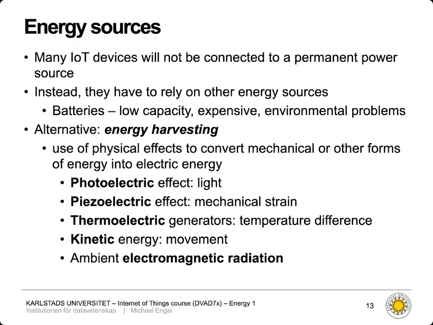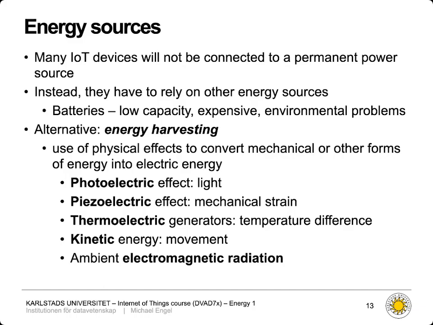There's quite a number of physical effects that can be used, and you've probably seen a number of them. So photoelectric effects, so light. Of course, that's what plants also do, and we can also do it in photocells. So we can convert photons coming onto a surface to a flow of electrons, which is a current.